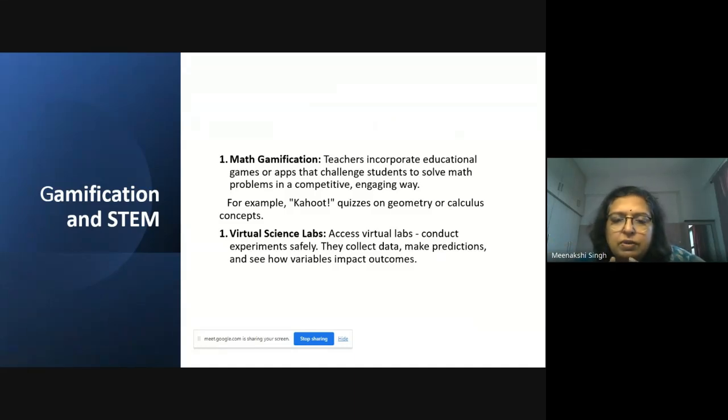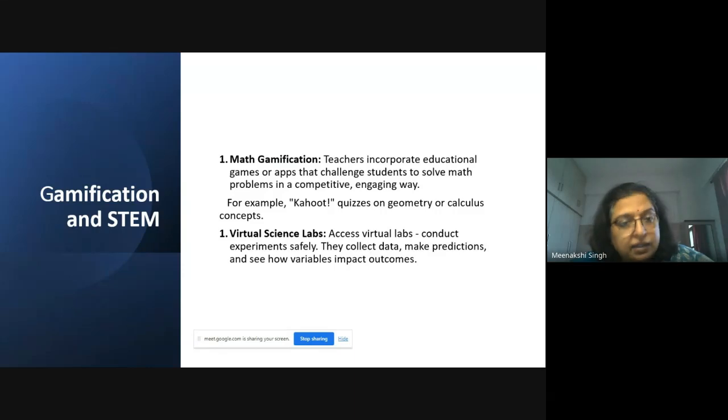Then also the virtual science labs: instead of doing the real explosion with sodium, you can do virtual experiments, and without any wastage you can do precise experiments, so that is also fun. So gamification needs more insight and more resources, so it is not easy for a teacher to incorporate these things.